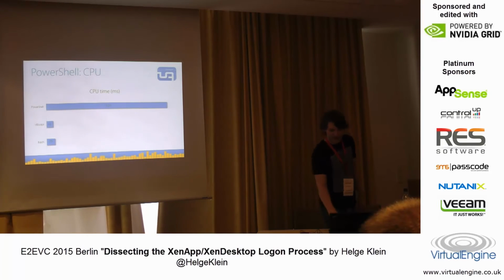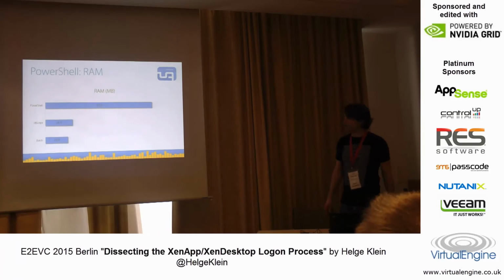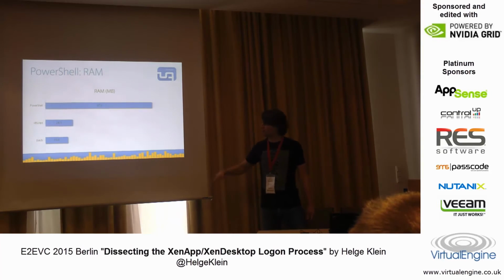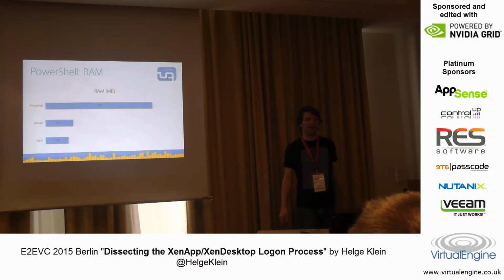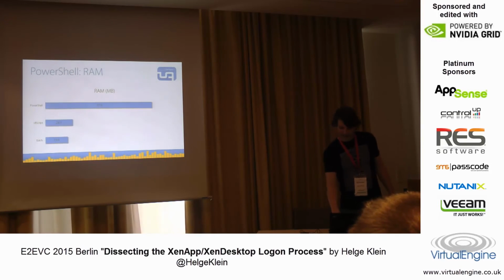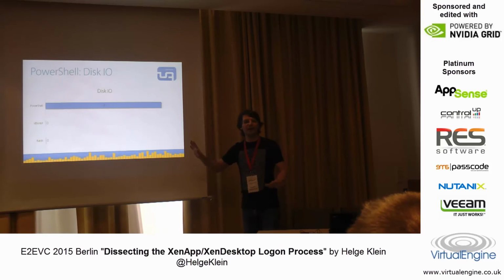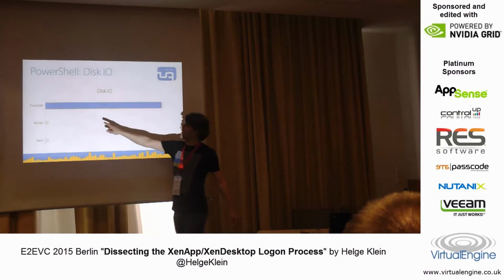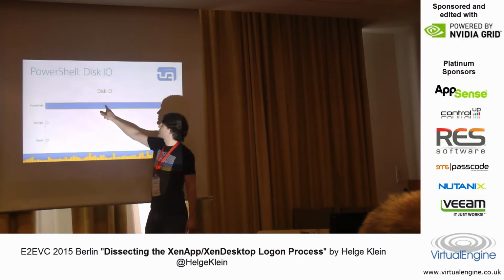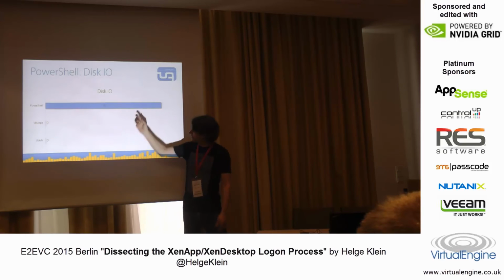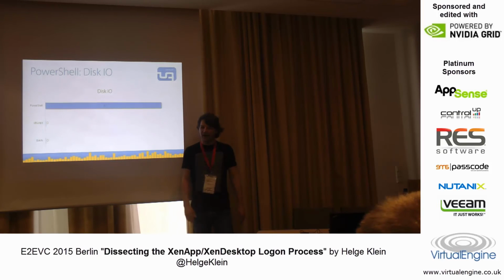Let's look at RAM utilization. The PowerShell script needs about 100 megabytes of RAM, while the others are at 20, 25. And finally, disk I/O. For the other two, all the DLLs were already in memory, so they generate no disk I/O at all, and PowerShell generates about 8 I/Os, which is not that much. It's not really bad, but the difference is quite interesting.